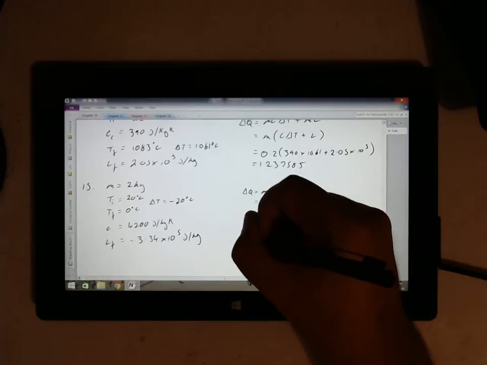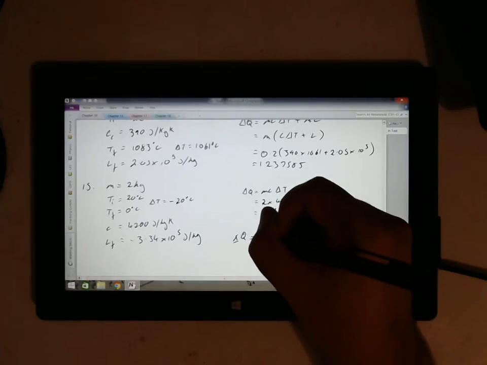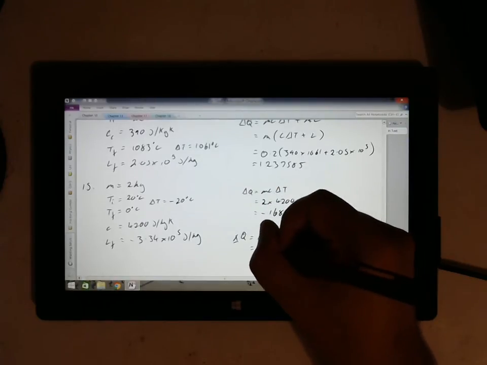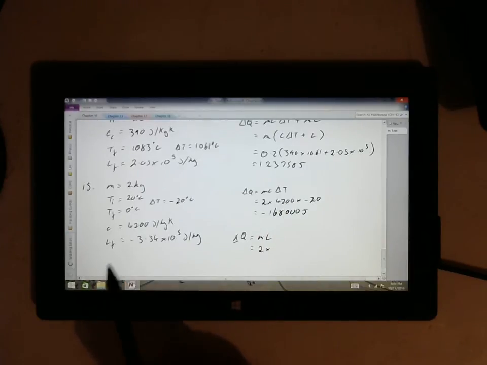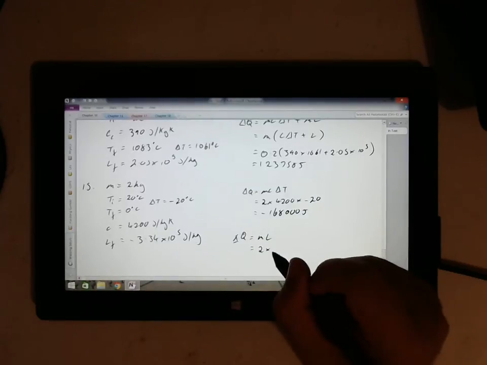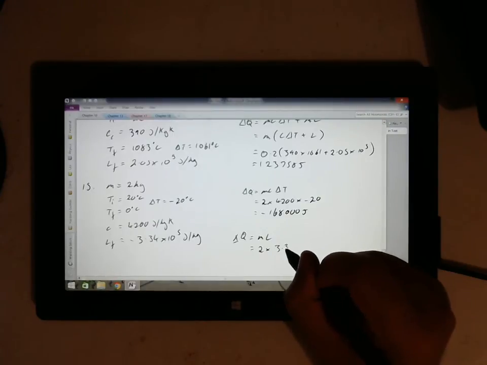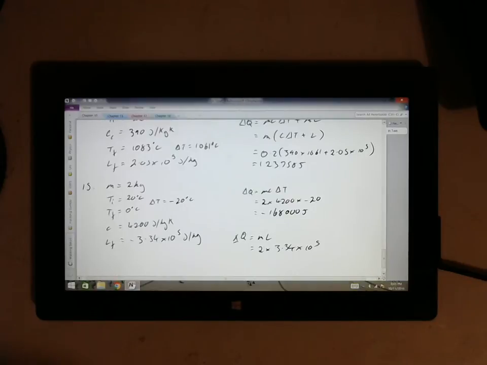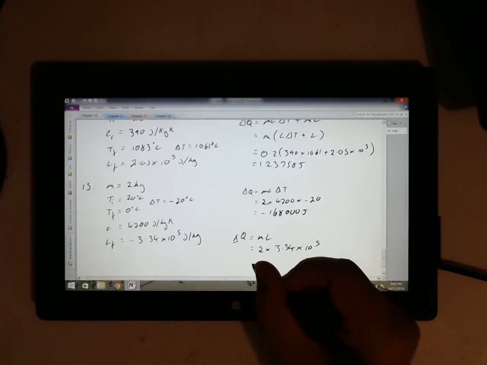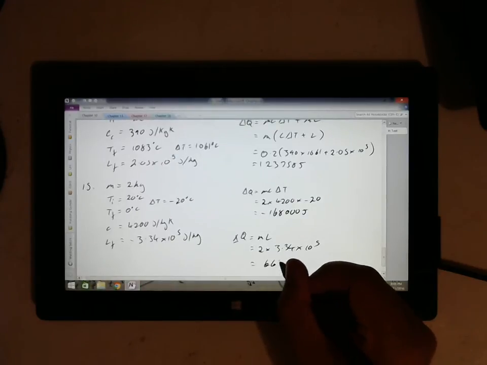Second bit, ΔQ = mL = 2 times... Now here's the thing, the reference sheet has this as just a positive number. So if you were to do this with positive first, 3.34 × 10^5 times 2 gives us 668,000.